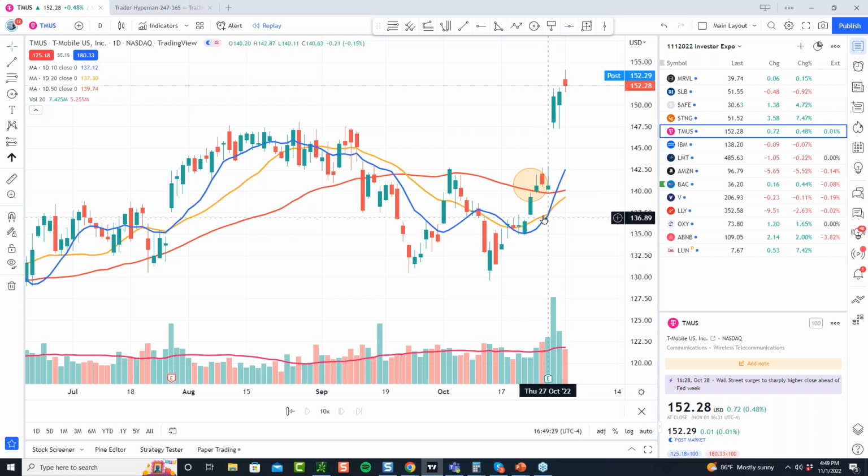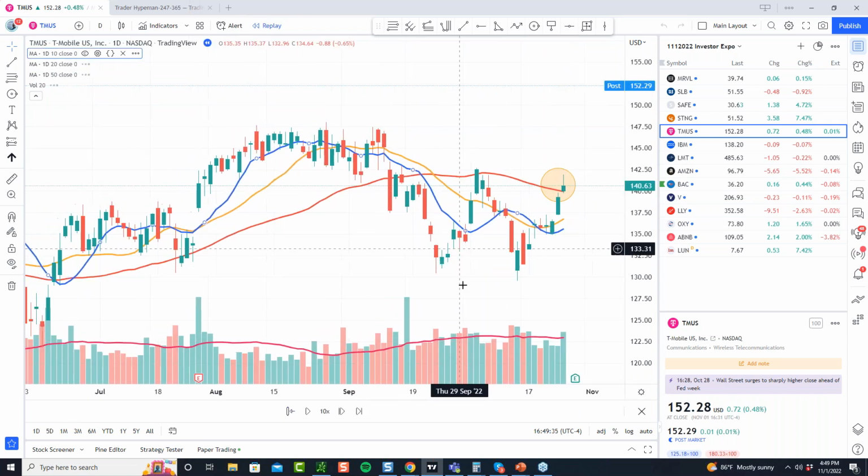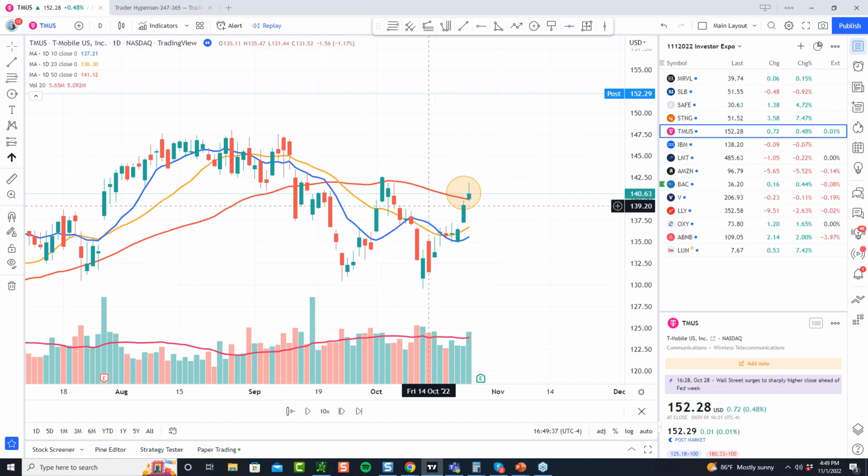So why was this the breakout? Well, let's go back in time and let me show you the vertical approach here. We were below the trend for T-Mobile. October 25th, you see the date. We had the break where we flipped and got on top of the 50-day moving average.